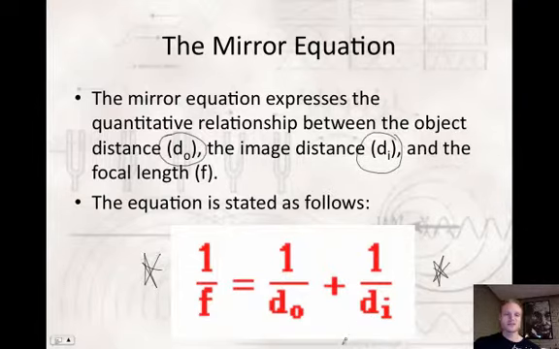So that is the mirror equation, and we'll be using this quite a bit for concave mirrors, and then we're going to talk about it again in a different type of mirror later on down the road.